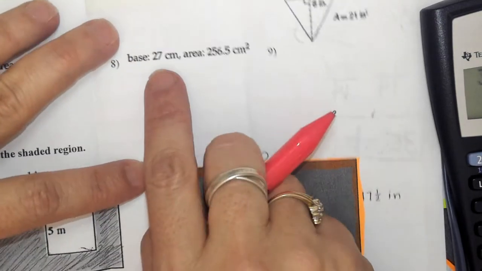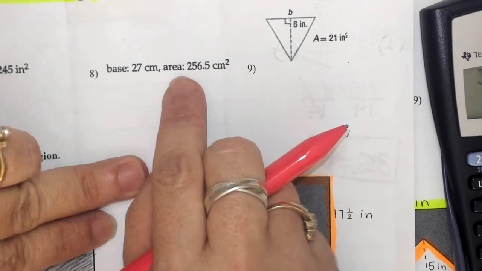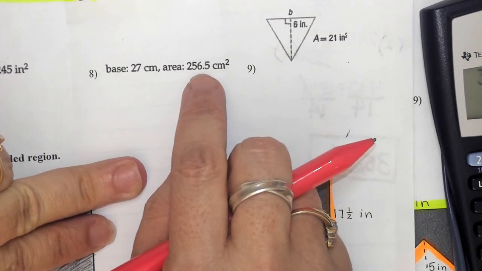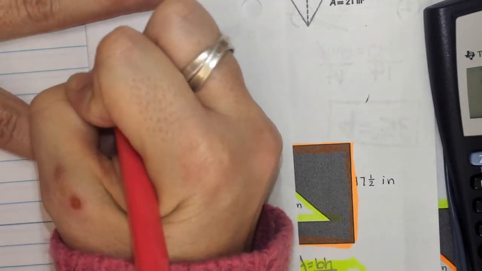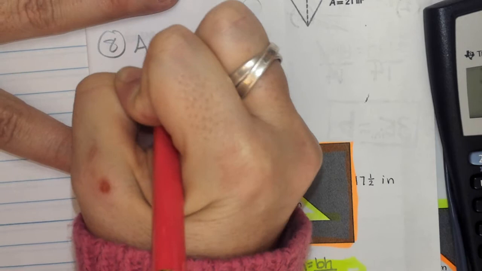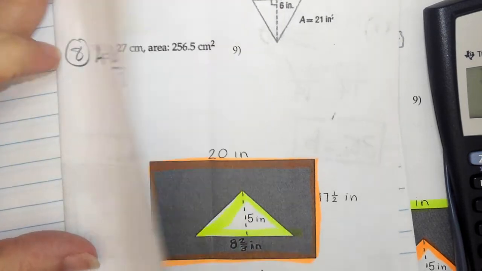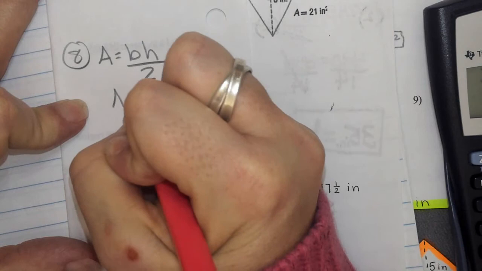Okay. 8 has a base of 27 and an area of 256.5. And they're talking triangles. So if I take 8 and I kind of think about that formula, that's my formula. And they gave me a base of 27.